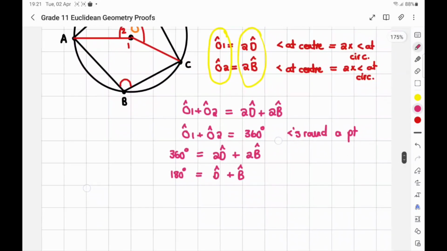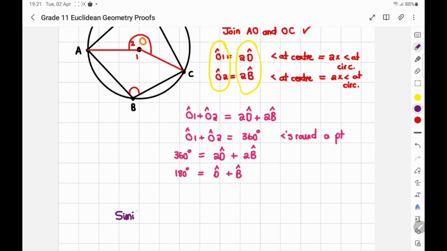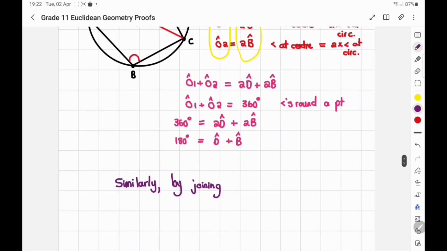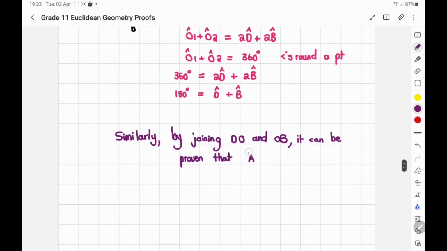So you can always do this, and then at the end you must go and add, similarly, by joining DO and OB, it can be proven that angle A plus angle C is equal to 180 degrees.